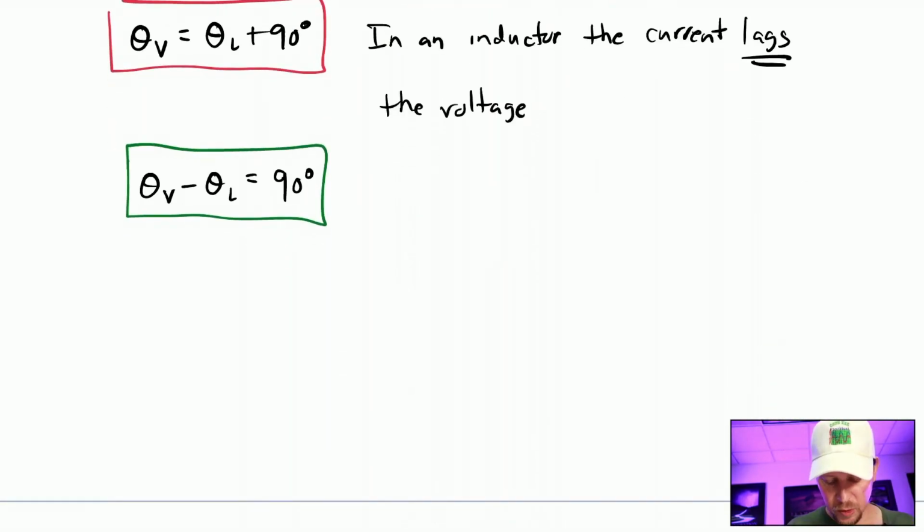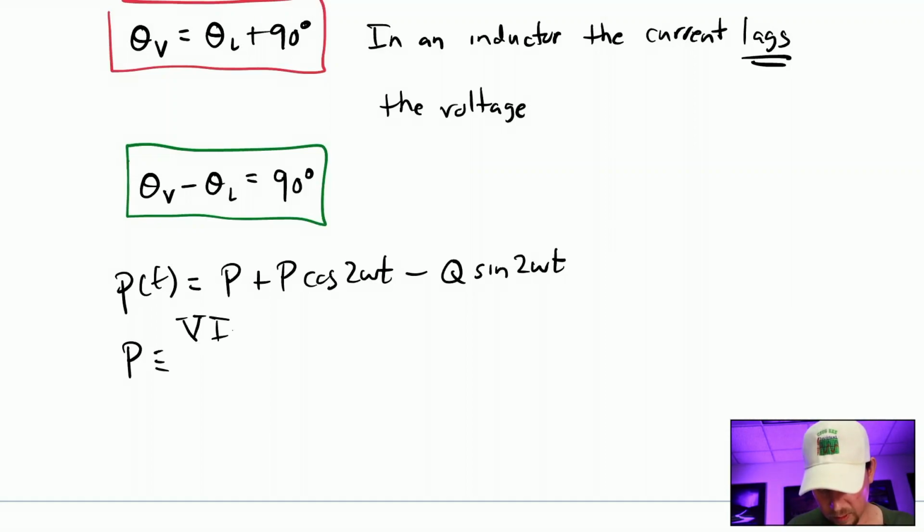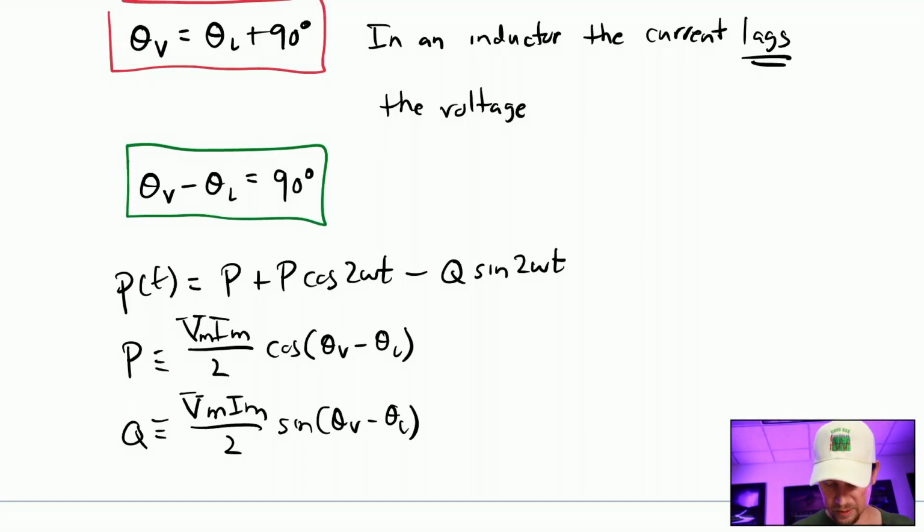Going back to the power, the instantaneous power was P plus P times the cosine of 2 omega t minus Q times the sine of 2 omega t, where P itself was V sub m times I sub m over 2, and this is the crucial part, times the cosine of theta v minus theta I, and Q was V sub m I sub m over 2 times the sine of theta v minus theta I. Now notice, if this happens to be an inductive load, then that right there is 90 degrees, that right there is 90 degrees.